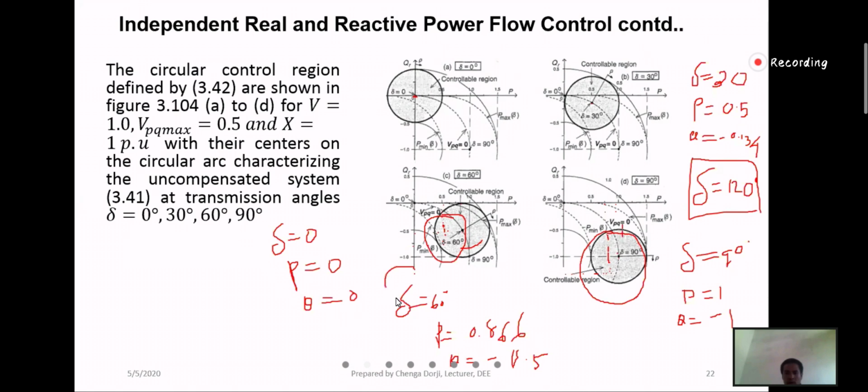Then del 210 and the others. So it is coming slowly, it will come and then reach here. So 360 is the whole circle. This is how you are able to do the compensation. You are able to control active as well as reactive power flow independently.